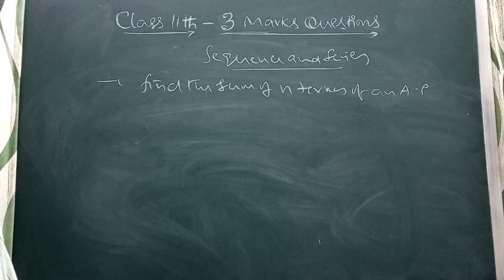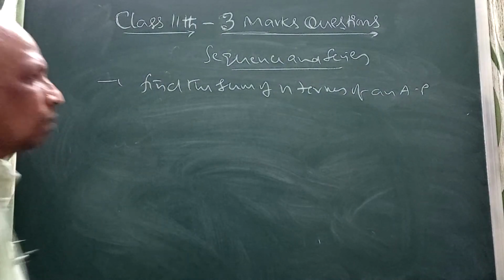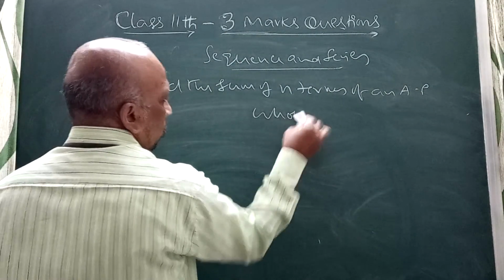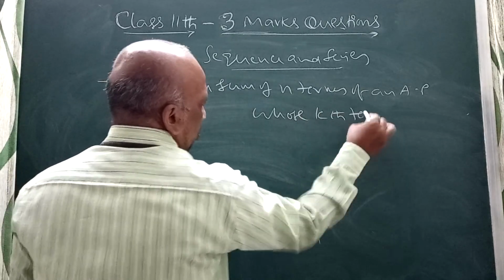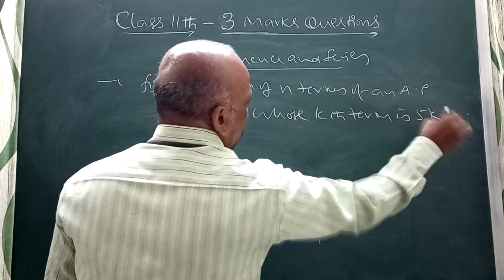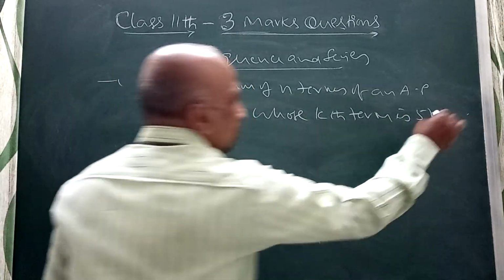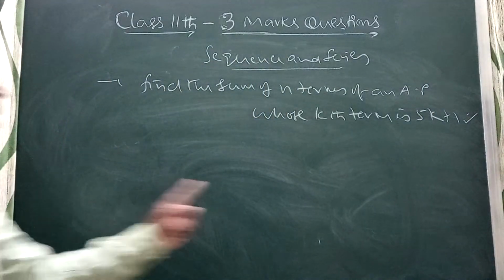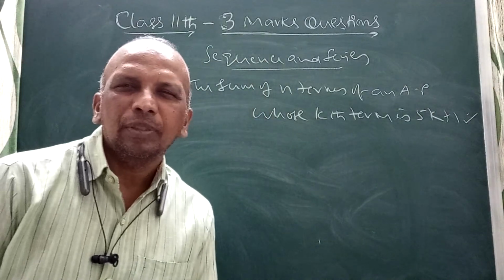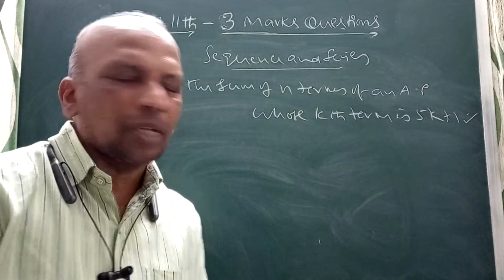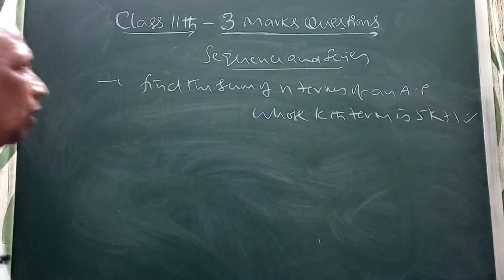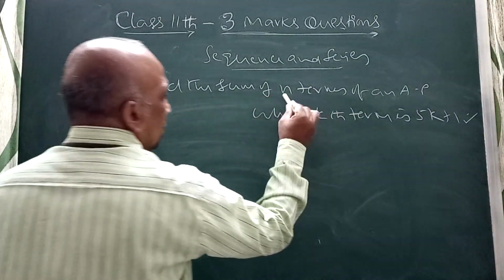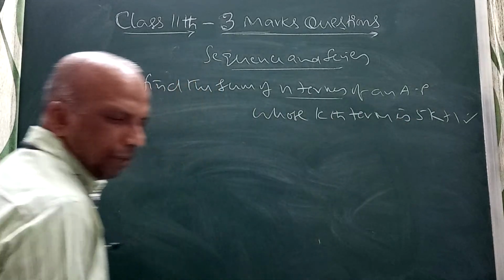Find the sum of n terms of an AP whose kth term is 5k plus 1. When they are asking the sum of n terms of an AP, the kth term is given.